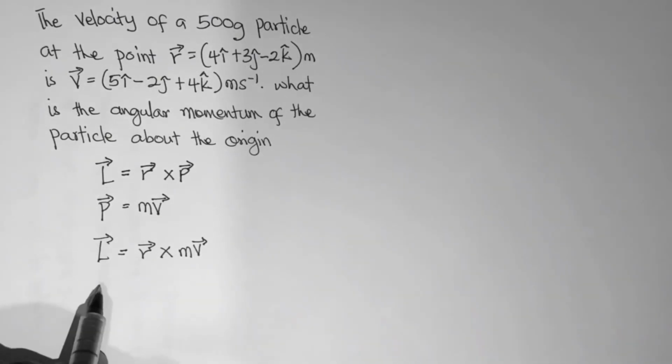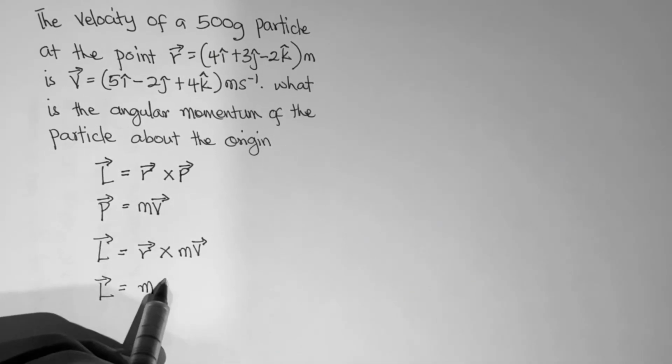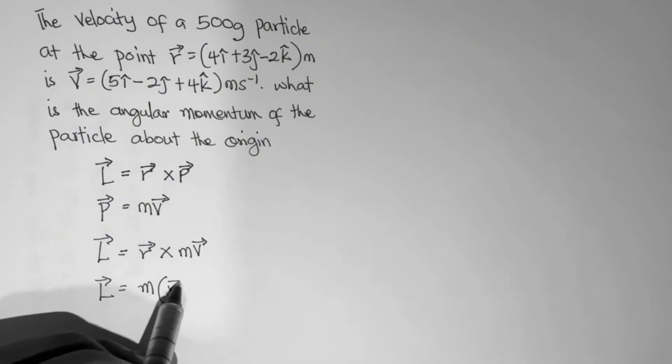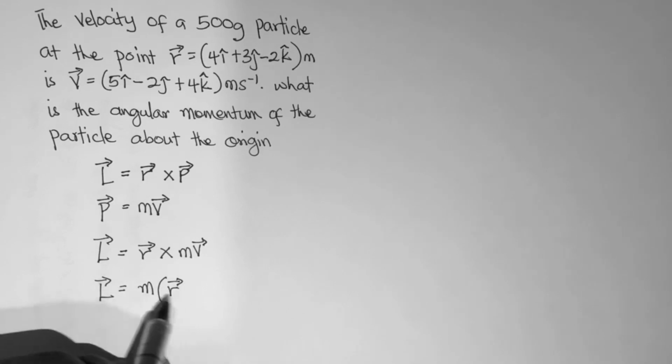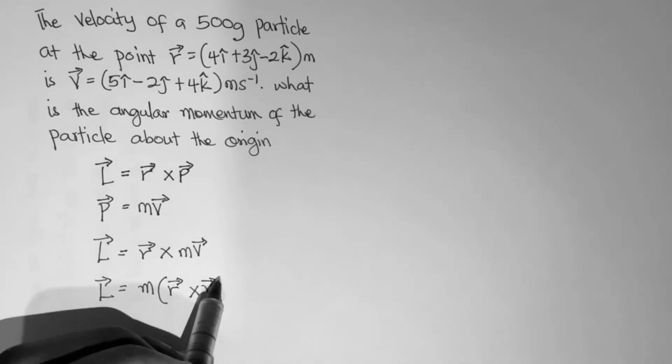So if we factorize out the mass, then angular momentum is mass times, in bracket, the cross product of the displacement vector and the velocity.